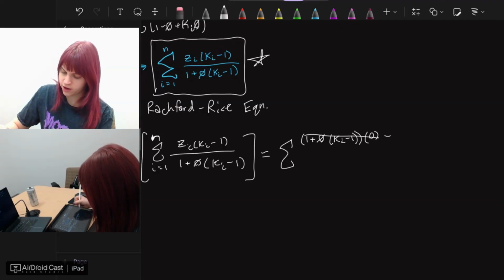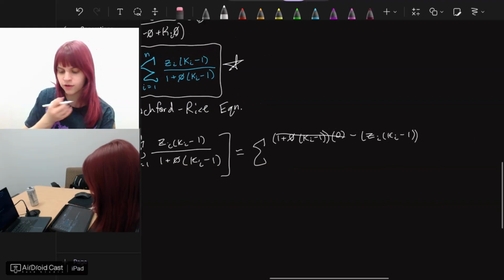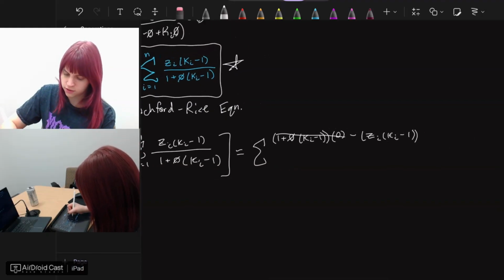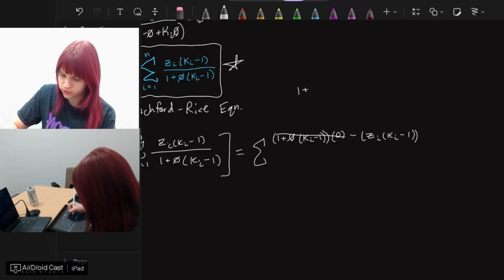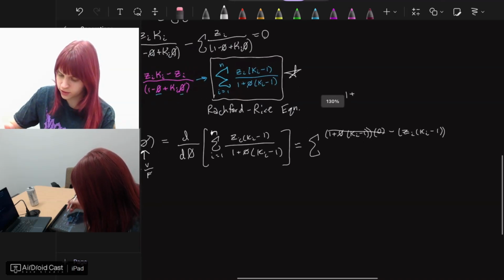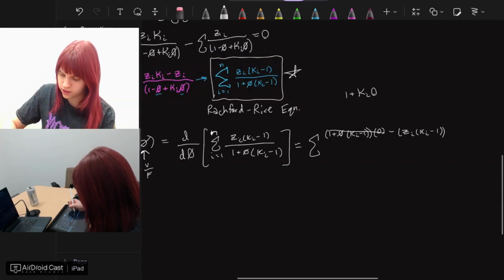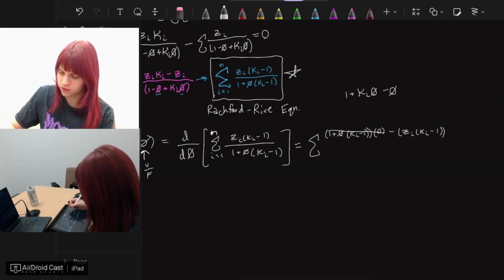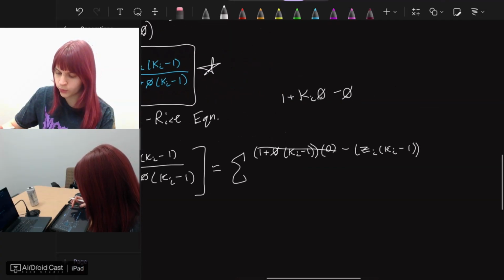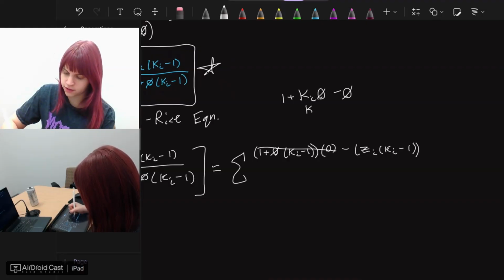And then we subtract the numerator times the derivative of the denominator. The denominator is 1 plus ki phi minus phi, so the derivative of that would be ki minus 1, where the 1 is a constant.